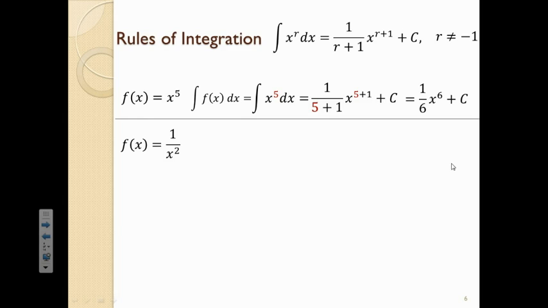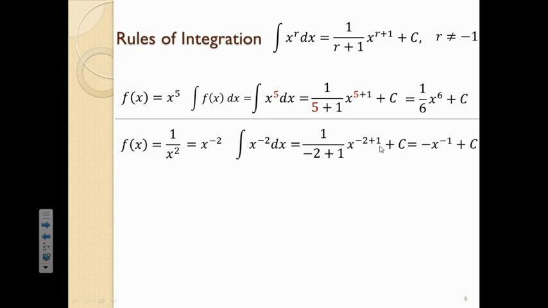It has to be in the same format for taking the integral, so we need to convert this to x to the minus 2. Now we want to take the integral of x to the minus 2, and our r is now minus 2. So it becomes 1 over minus 2 plus 1 times x to the minus 2 plus 1. And of course, remember the negatives there, they are part of the exponent.